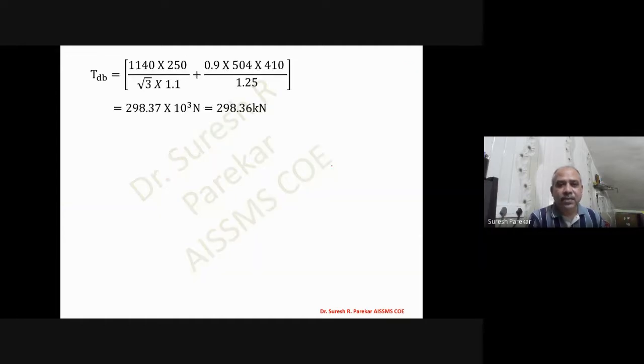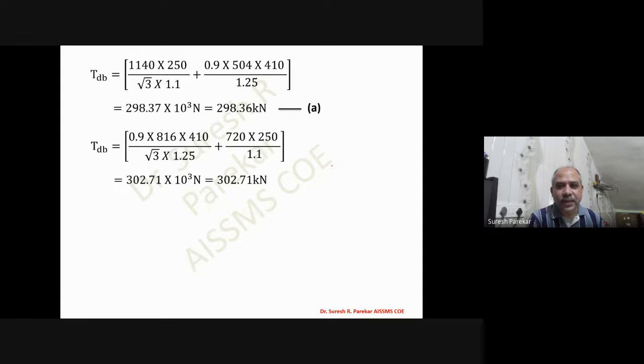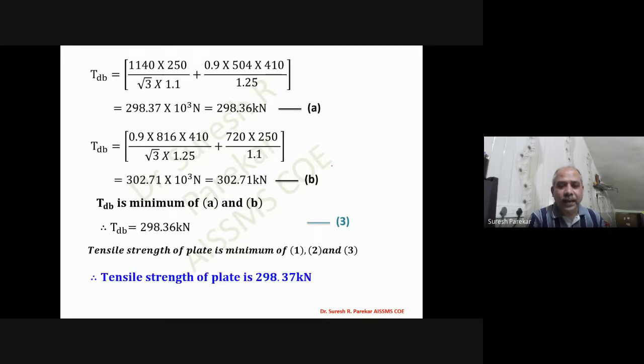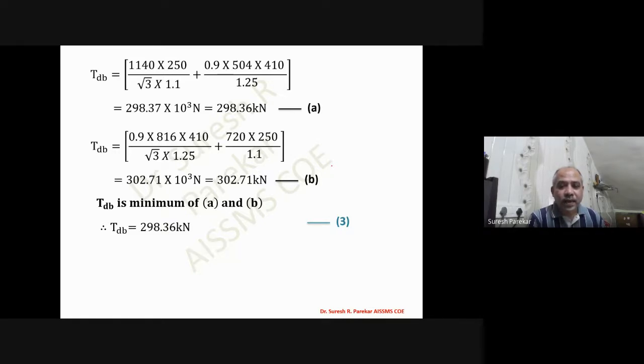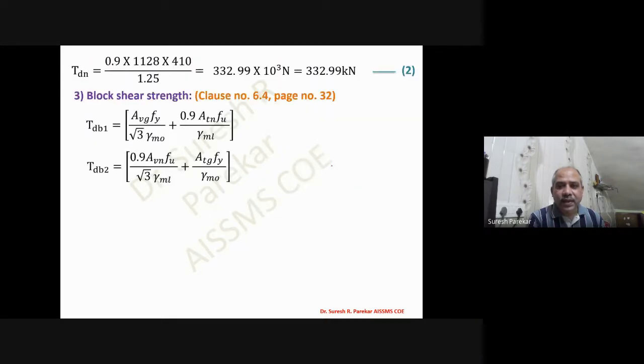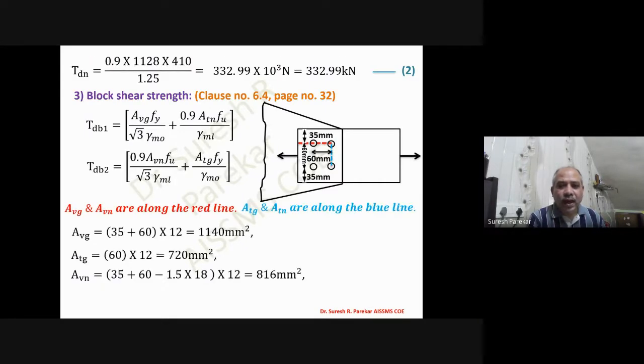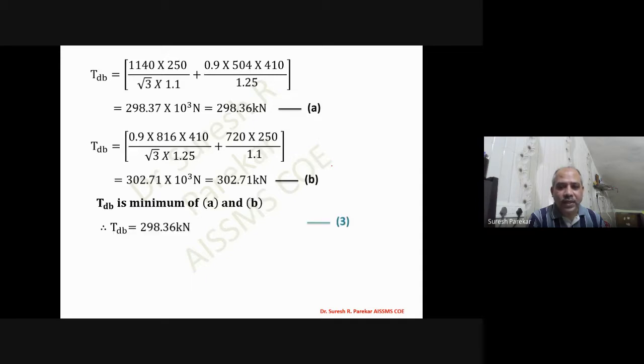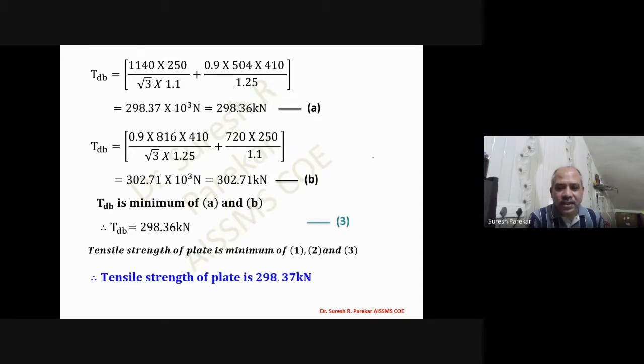And that will give us block shear strength, which will be 298.36 for A, and for B we have 302.71, and we have Tdb 298.36 kilonewton. So first we got the value 354, then second we have 332, and third value we got as 298.36, we can say, or 37 kilonewtons.